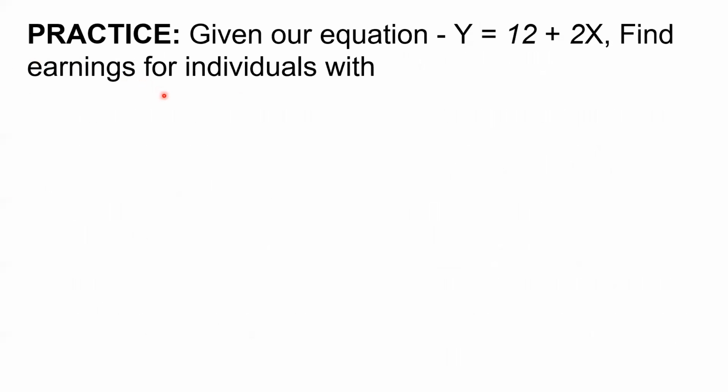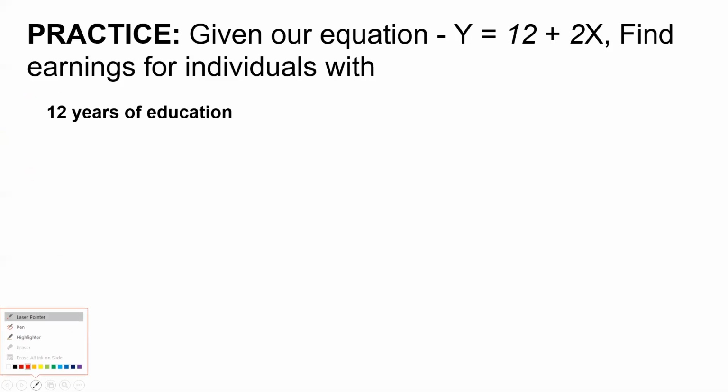So given our equation of y equals 12 plus 2x, let's plug in some numbers and see what that would mean in terms of salary outcome. So let's run through a few examples. If someone has 12 years of education, how much would they earn in our equation?